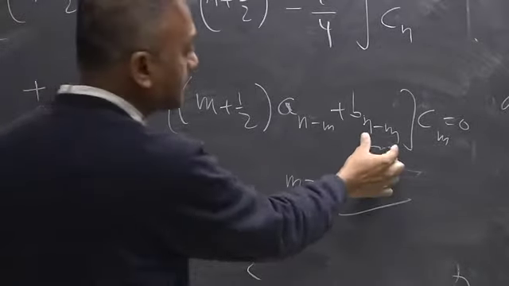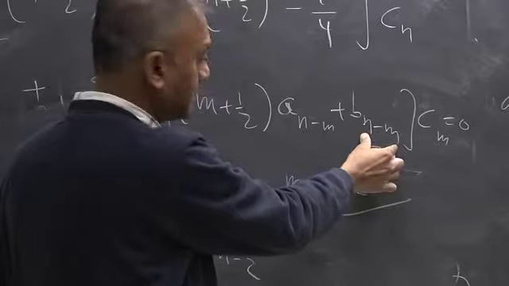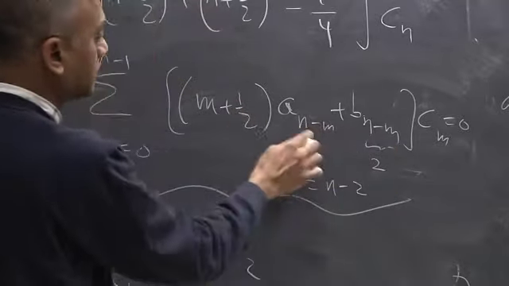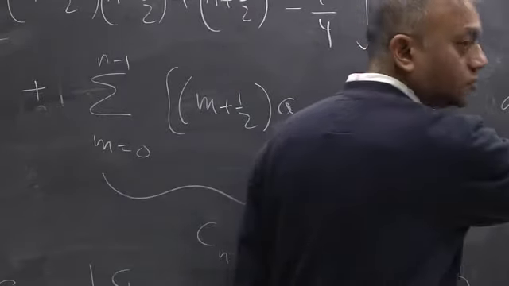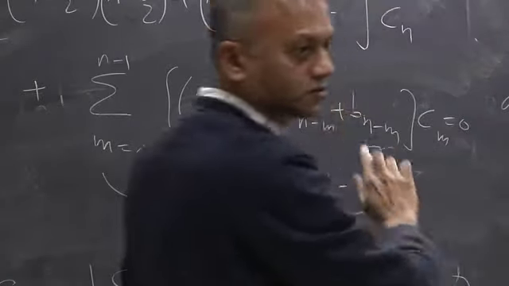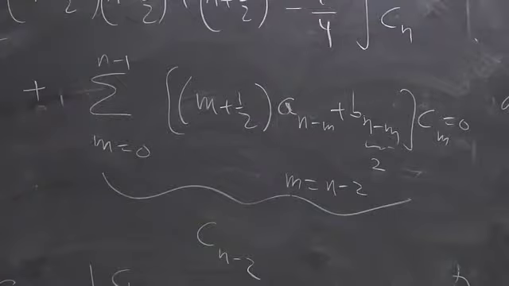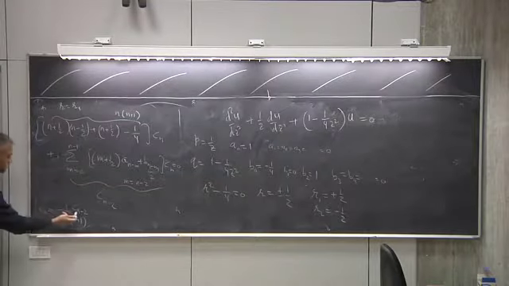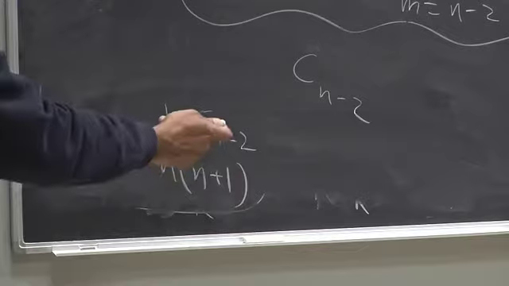So the only possibility is that this can be 2. And similarly here, this n minus m can never be equal to 0, so everything else is 0. So that's the only possibility here, and you can immediately write down what it is. So actually this gives you a two-step relation, from n to n minus 2.